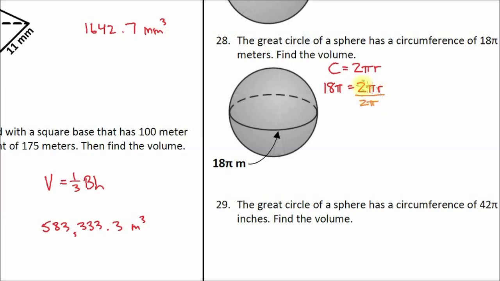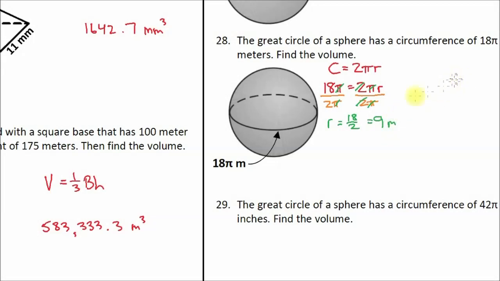We're going to divide by 2 pi because that's going to cancel on the right. So if you take a look at this, 2 cancels, pi cancels, over here pi cancels, and now we have radius is equal to 18 divided by 2, and that happens to be 9, and our unit of measure is meters. So now we have the radius.